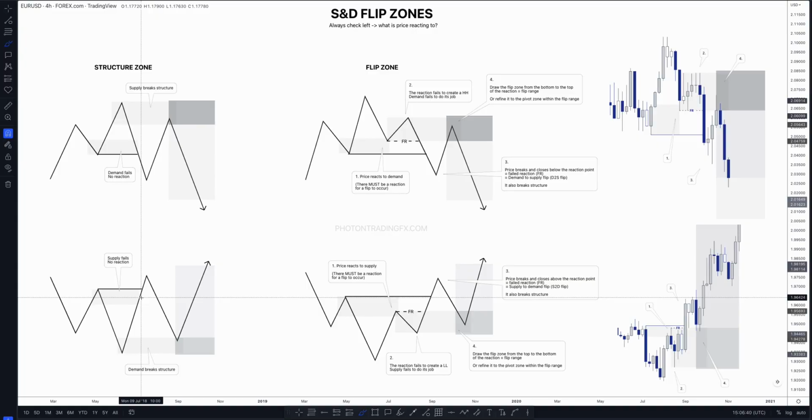Now, flip zones, the simplest way to describe it, are where we see supply and demand have a bit of a battle and then one overpowers the other, okay? So the simplest way to describe it is to go back to the first example. So let's think about demand. Price makes a higher high, it pulls back to form a higher low, and that's confirmed when we get the break of bullish structure here, okay?